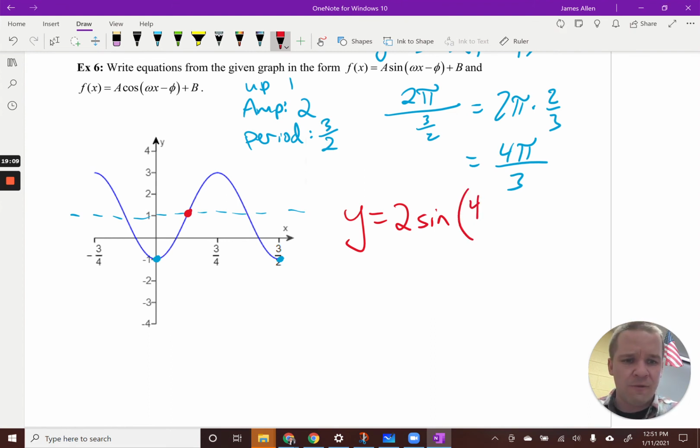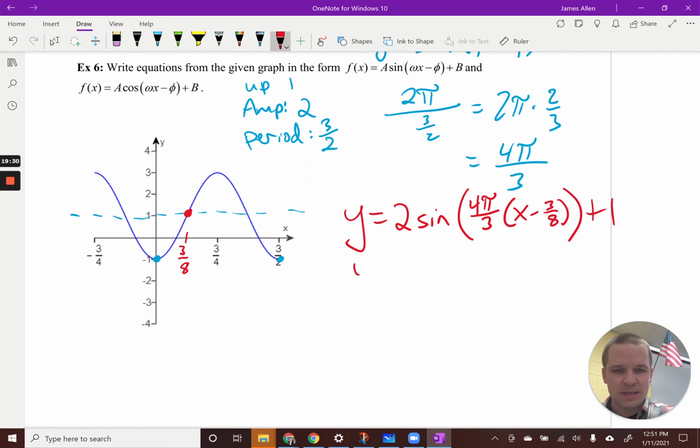Okay, so then I have 4 pi divided by 3, and then x, and we're moving to the right. What are we moving to the right by? If I am halfway between 0 and 3/4, that's going to be 3/8. So I subtract 3/8, plus 1. This one's kind of messy.